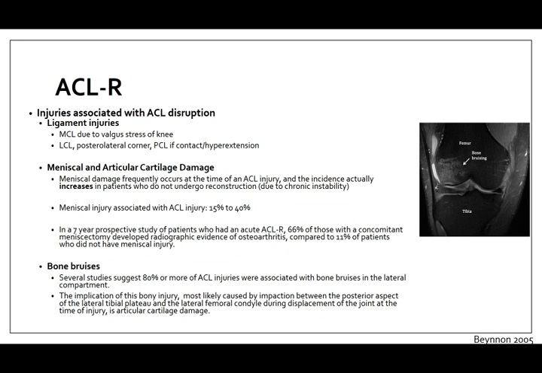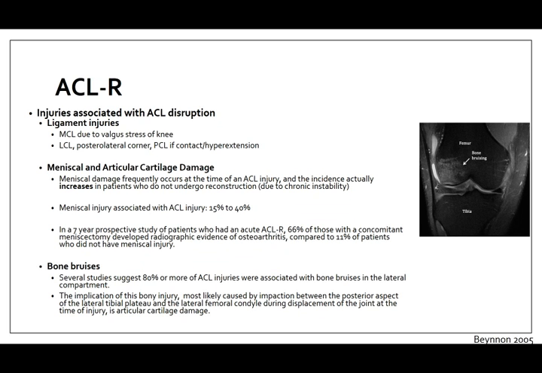Meniscal injury associated with ACLs is anywhere between 15 to 40%. And then in a 7-year prospective study of patients who had acute ACL reconstruction, 2/3 of those with a concomitant meniscectomy developed radiographic evidence of OA, compared to 11% of patients who did not have a meniscal injury. So this is why taking care of the meniscus and protecting it early after an ACL is important.